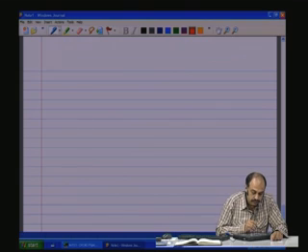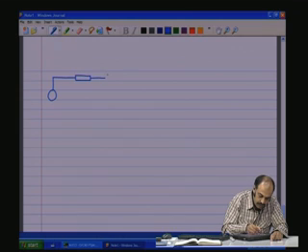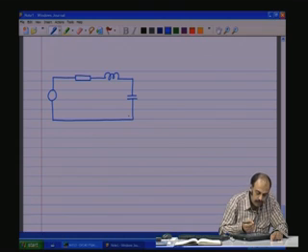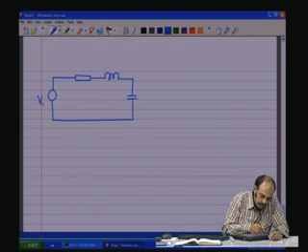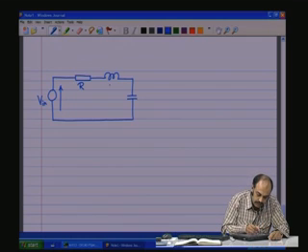You can apply it now to an RLC circuit. You have R, L, C. So, you have the RLC circuit, V in the input source, the reference, R, this is L and C. L is going to give an impedance jXL, and C is going to give an impedance minus jXC.